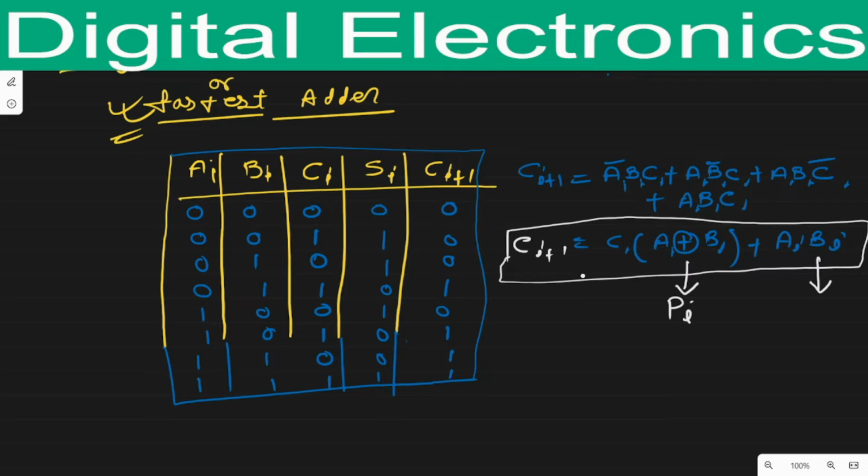This Ai multiplied by Bi is known as the carry generate function, and it is represented as Gi. So the overall carry Ci plus 1 will be represented as Ci multiplied by Pi plus Gi. This one is our first equation.